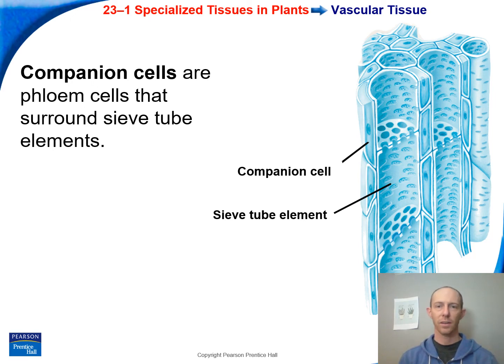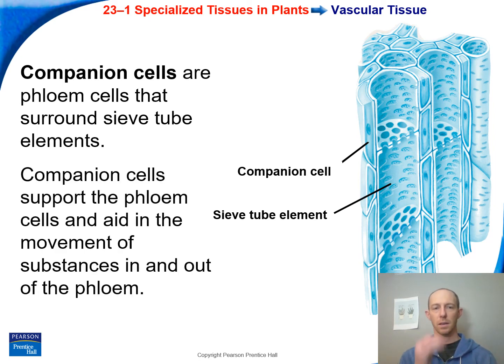It's a little harder for us to explain how sugars and other materials move through the phloem. Anyways, what we do know is that companion cells, as you can see in the illustration, are not hollow, they're solid. So nothing's moving through them. They are there to assist movement of stuff through the sieve tube elements. So they're good buddies. That's their only job, to help out.